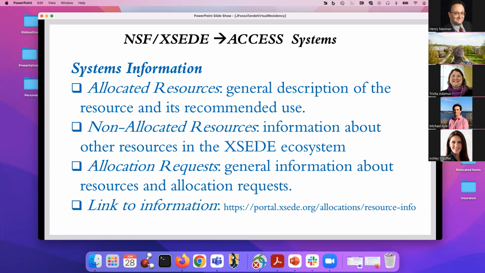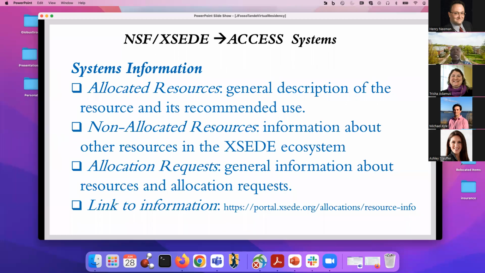Not all of them have the recommended use, so sometimes you have to figure out how you want to use the resource at your institution. You have non-allocated resources, and that tab provides information about other resources in the XSEDE ecosystem. And you have allocation request, general information about the resource allocation and how you can request allocation of those resources. And of course, there is a link to the information.